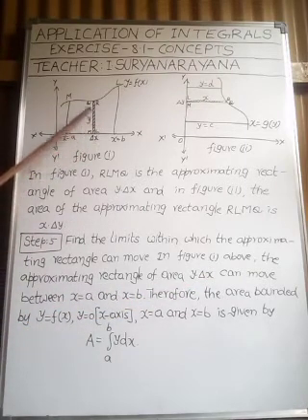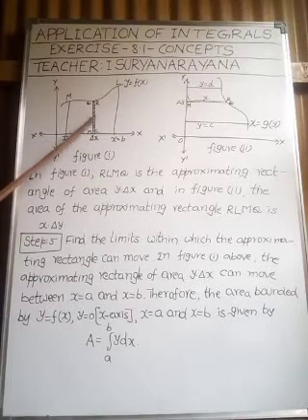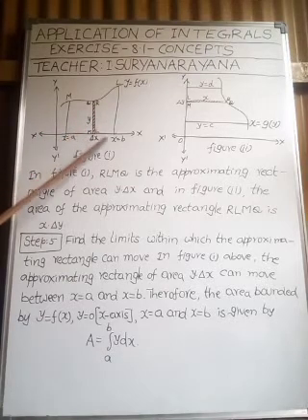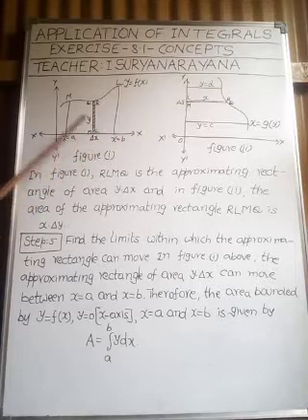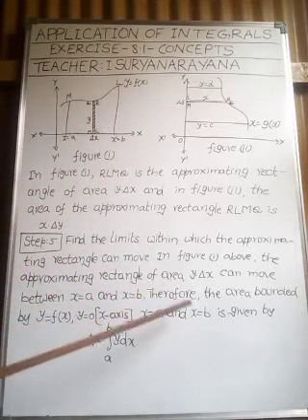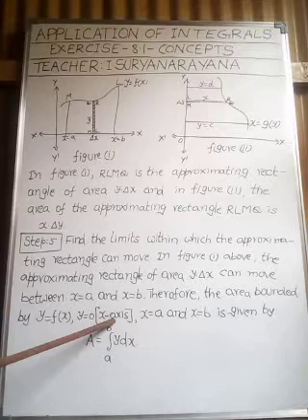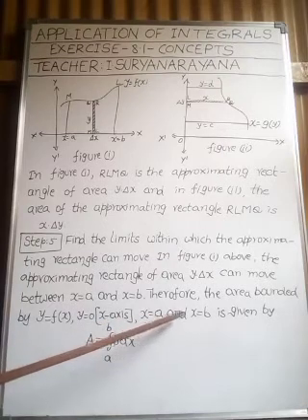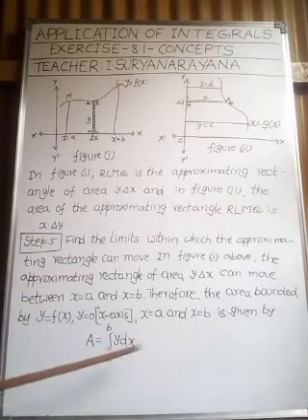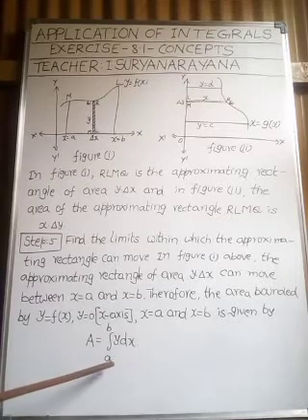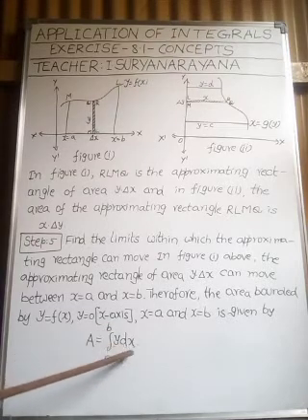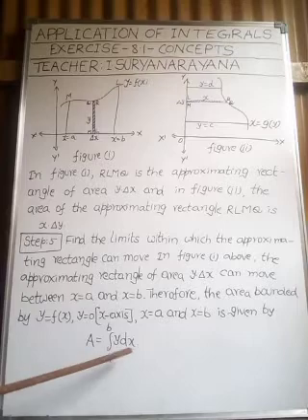See, this rectangle is moving between these two lines. Yes or no, my children? Therefore, the area bounded by y is equal to f of x, y is equal to 0, nothing but the x-axis, x is equal to a and x is equal to b is given by A is equal to integral a to b y dx. Understood this point, my children? Right.